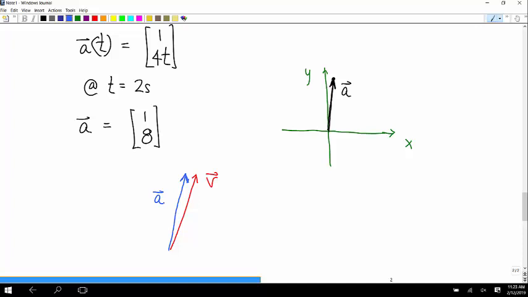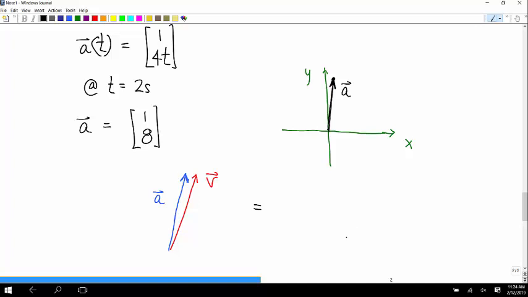And we can break that acceleration vector up, the way we've been thinking about acceleration in the lab and in the last class. Think of breaking the acceleration vector up into a part that's parallel to the velocity and a part that's perpendicular to the velocity.